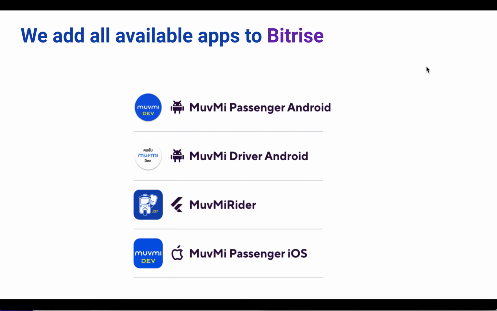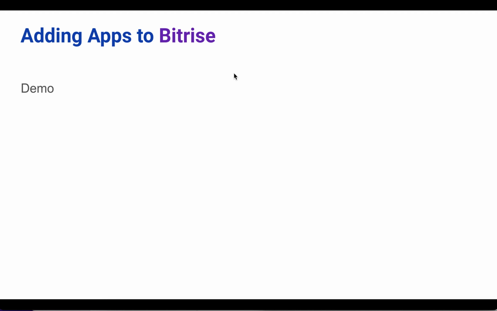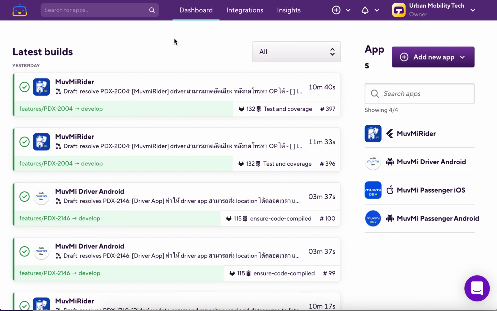Next, I'm going to walk you through step by step how to add 3 types of application into Bitrise, and you will see how easy it is and that it doesn't take much time. So let me switch the screen to Bitrise.